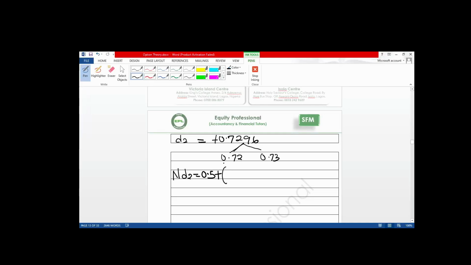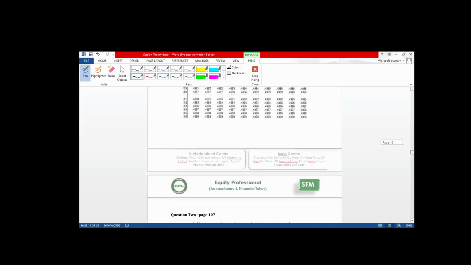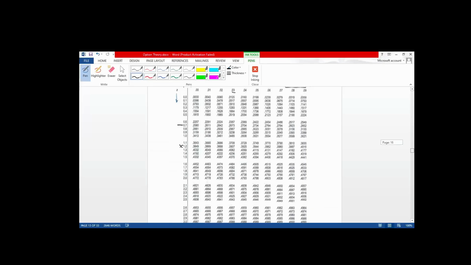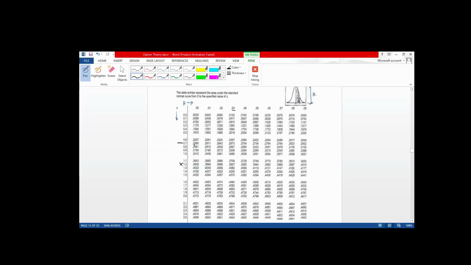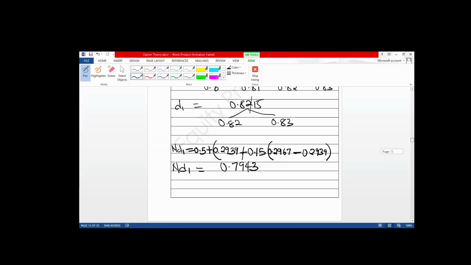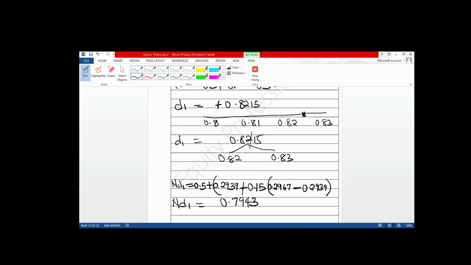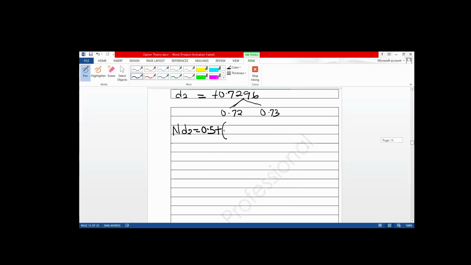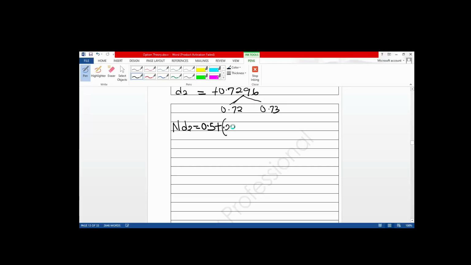Now go to the table. Check 0.7 under 2. This is 0.7, this is 0, 1, 2. 0.2642. Pick the figure, 0.2642.